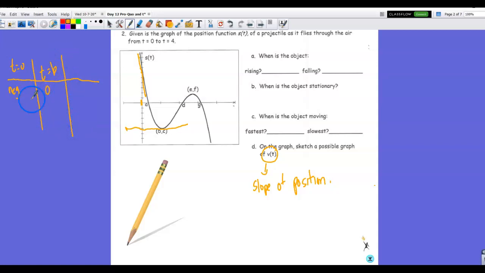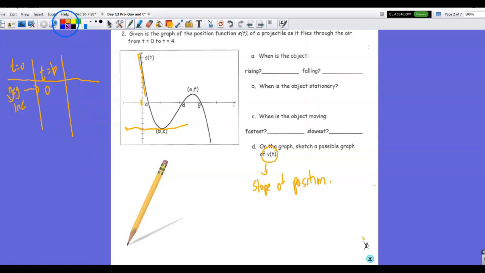And so from t equal to 0 to t equal to b, the slopes are, now think about this, if we're negative and we're moving towards 0, then that would mean that the slopes are actually increasing. So the slopes are negative and they are increasing.